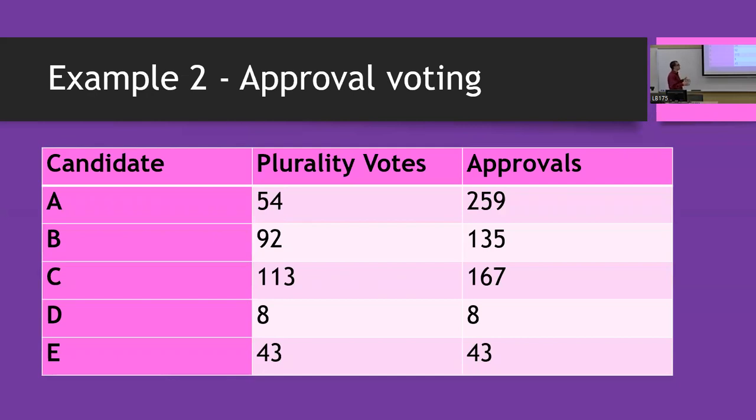So you could see in a hypothetical situation where with plurality votes, everybody only got one vote, but there's a lot of people who kind of like A. Maybe A was their second choice. And a lot of people say, yeah, I'm okay with A. And so they got 259 approvals while they only got 54 of the top votes.